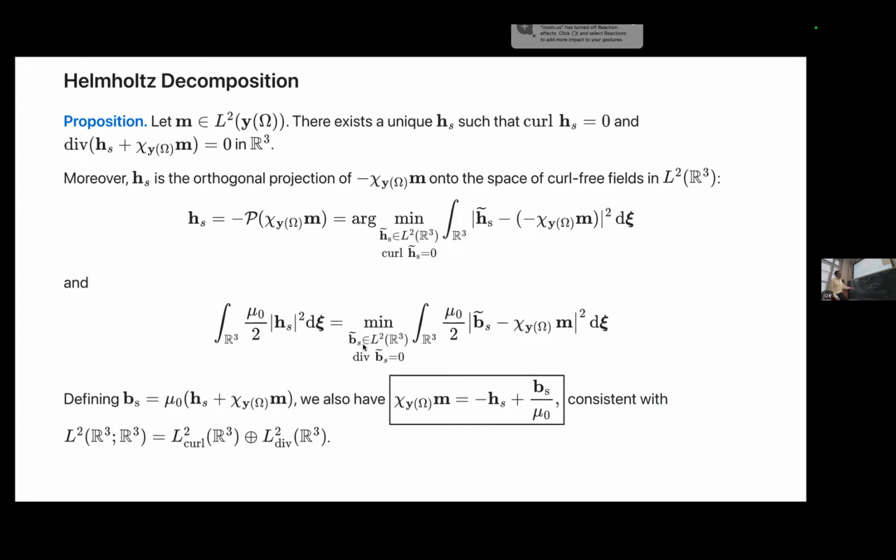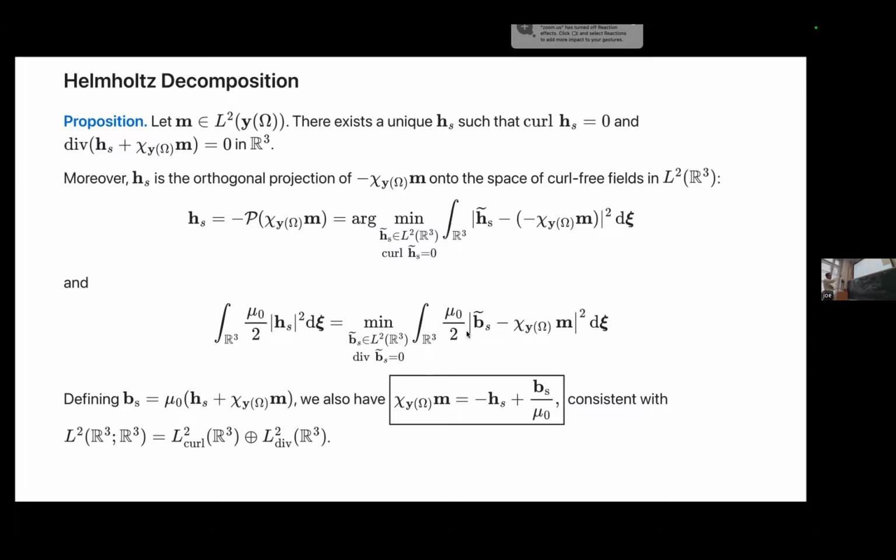And the optimal B sub S will be the one that is represented in this orthogonal decomposition. And this is the standard Helmholtz decomposition of fields in R3, so curl-free fields and divergence-free fields. So this BS will be an element of L2 div, and this is an element of L2 curl.